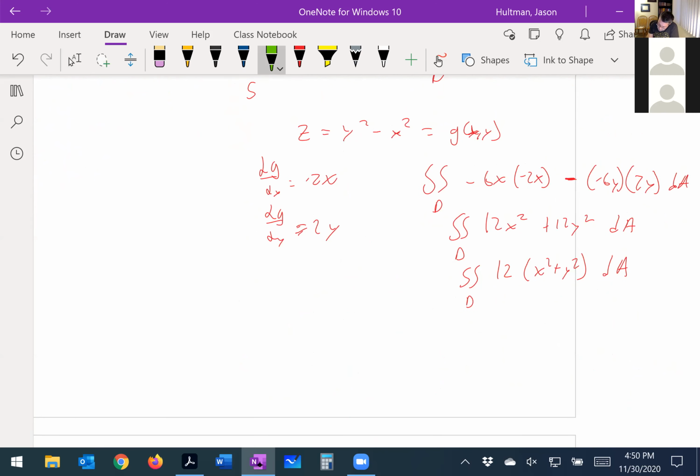So this is 12 times r squared, times r dr d theta. What does r go from? It goes from 0 to 5, that's the radius, and theta goes from 0 to 2 pi.